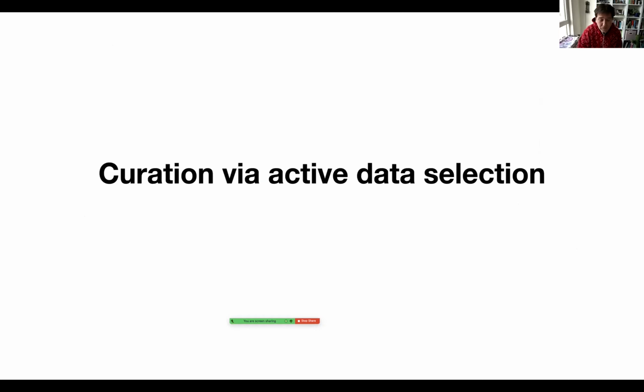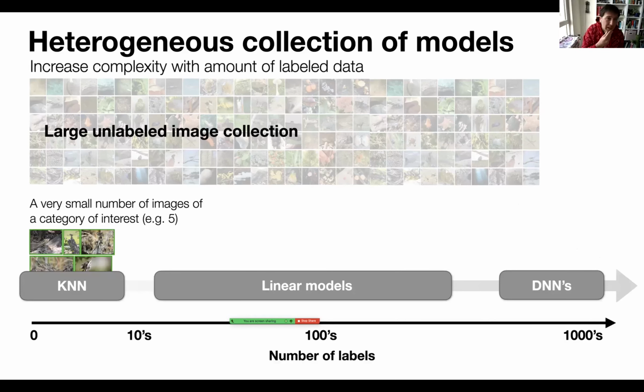The first thing we do is explore active techniques, but with heterogeneous collections of models. We start with very simple models; given these 5 images, KNN is about the only thing I can do to start getting more positives.